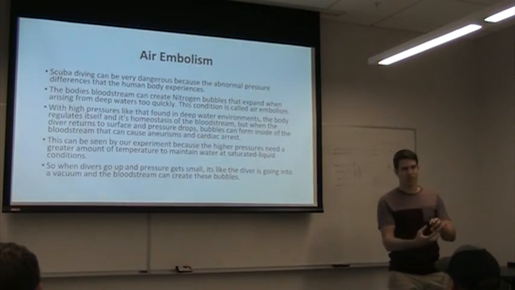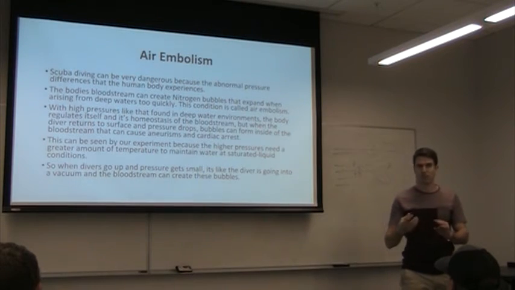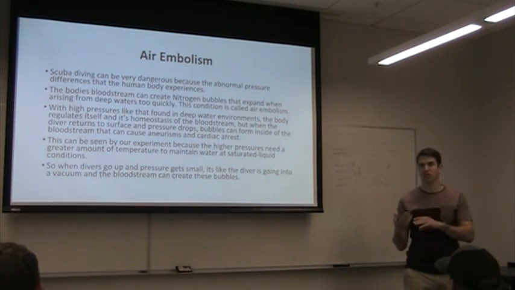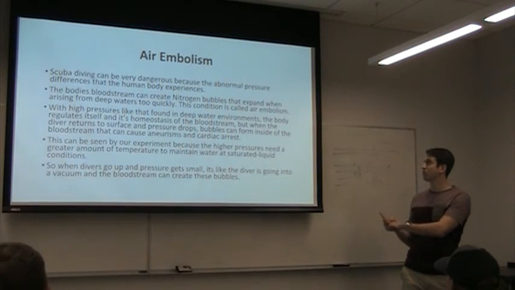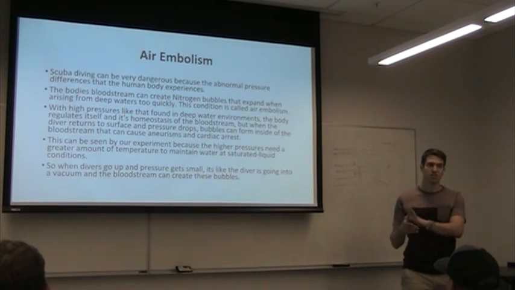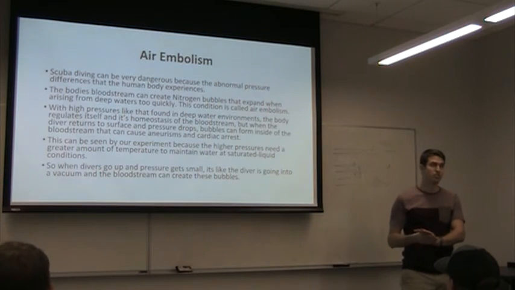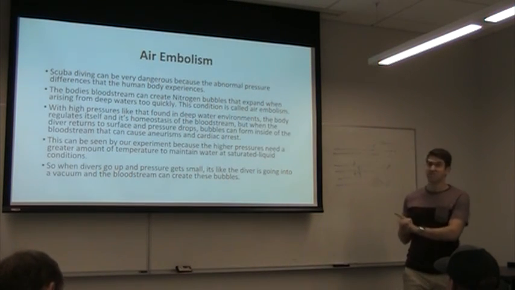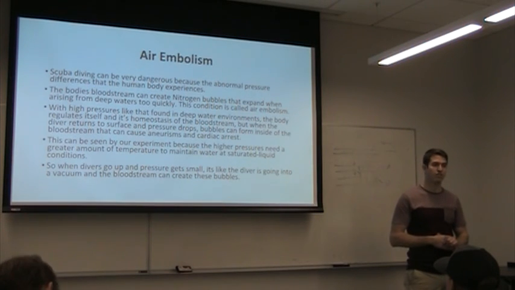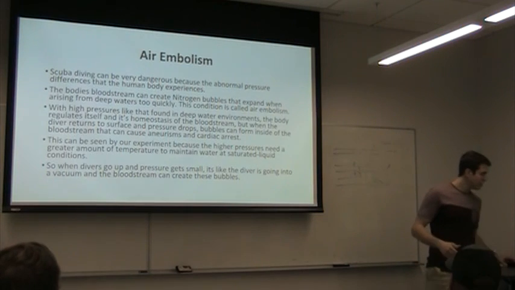The flasks were boiling at like 50 degrees centigrade when in regular atmospheric conditions it boils at 100. So same thing in our bodies, we can develop nitrogen bubbles, which can cause cardiac arrest and brain aneurysms and really dangerous side effects. And that's called air embolisms, and that's something divers need to be aware of and take precautions for. And that is really my slide.